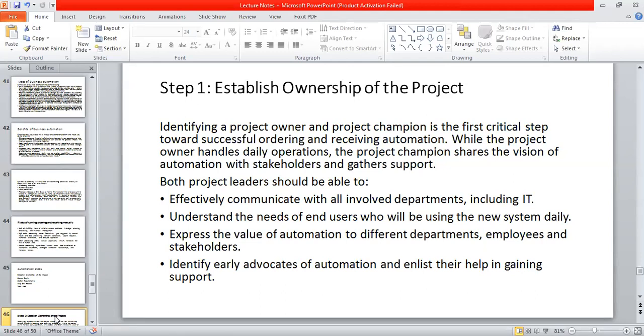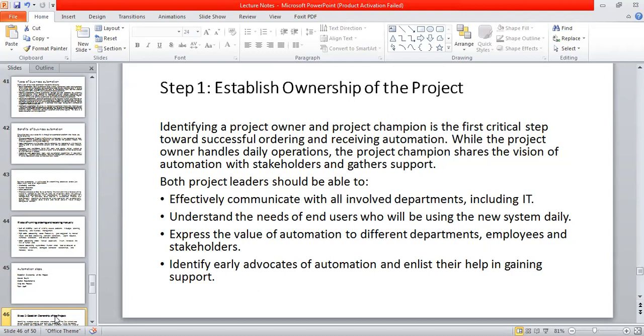So these leaders should understand that, and they also should be able to express the value of automation to different departments, employees, and stakeholders. They should explain and make sure that everyone understands why it is important for the process to be automated and how it benefits the department in particular and the organization in general.